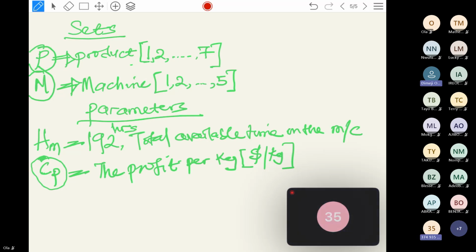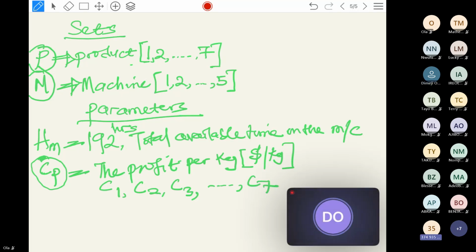Thank you so much. That is correct. So this C1 stands for the unit profit for product 1, C2 unit profit for product 2, to C7, unit profit for product 7. That's just it.